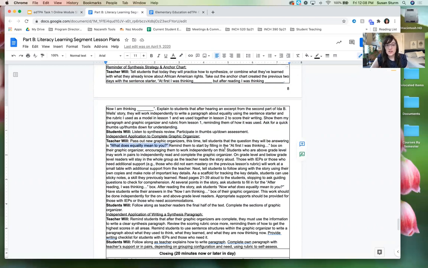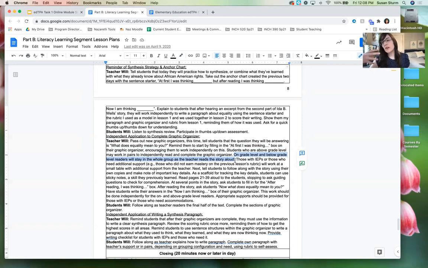She's going to start by filling in, at first I was thinking, encouraging them to work independently. So what are you thinking at the start? Students who are above grade level will be off. They can read independently. They can do the graphic organizer by themselves. The on grade level and below grade level, again, are going to stay in that whole group.